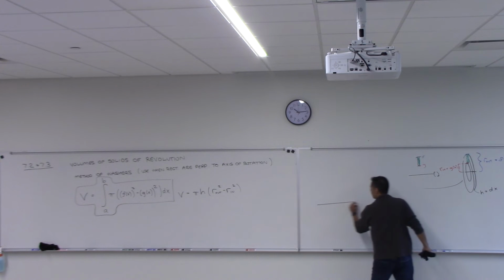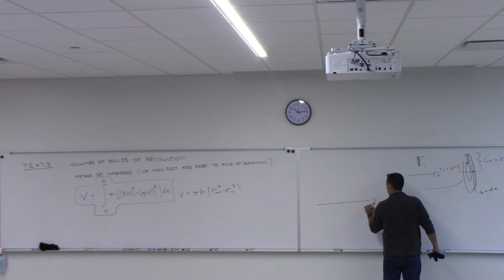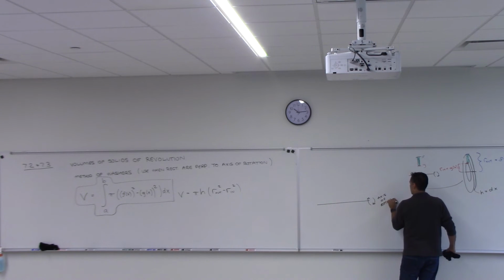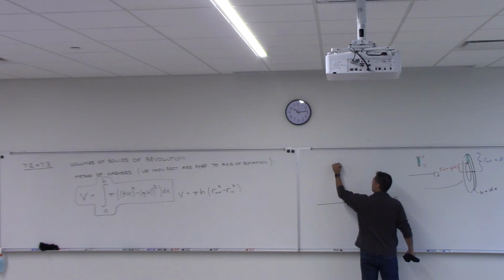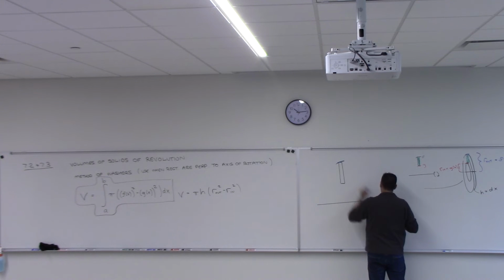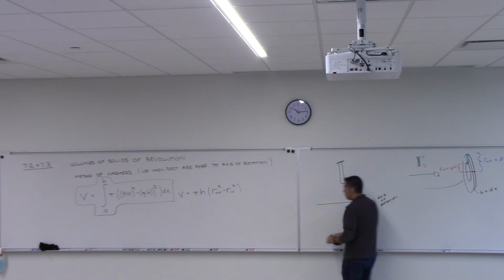We have our axis of rotation right there, and then we have this rectangle here. The function on top was the f, and on the bottom was the g.